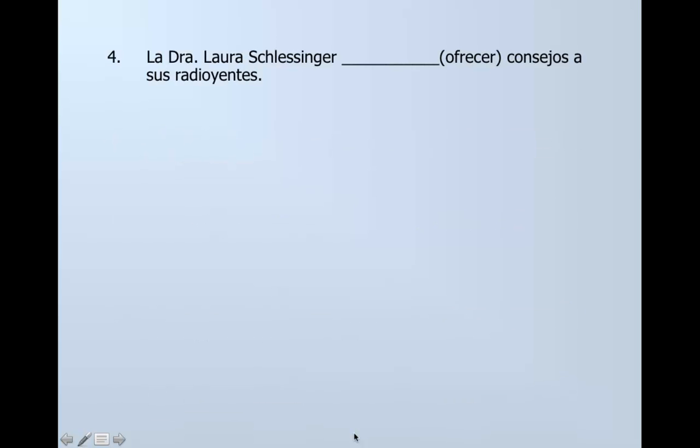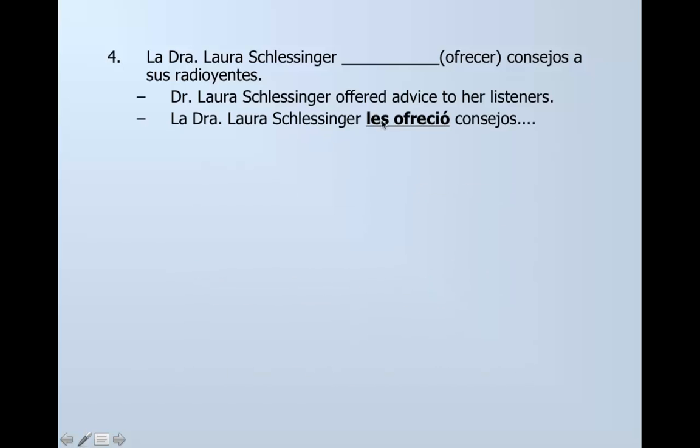Here's más. La doctora Schlesinger ofrecer consejos a sus radioyentes. Dr. Laura Schlesinger offered advice to her listeners. She offered advice to whom? A sus radioyentes. So that's les. And then ofrecer is going to conjugate to ella. So les ofreció.